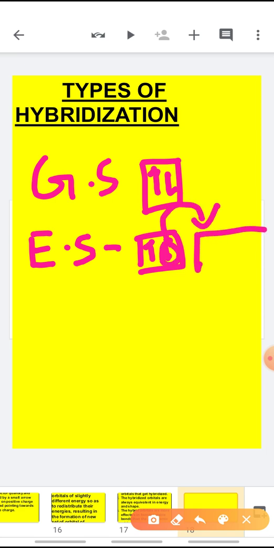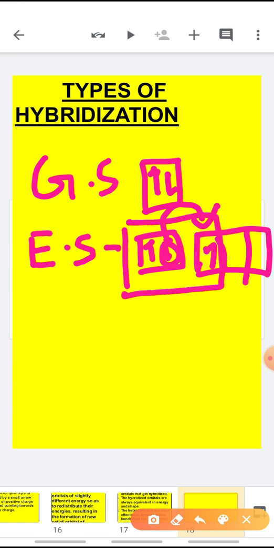Now which one is the higher orbital? It is the 2p orbital. This electron has jumped here. This electron jumping is possible only when the two orbitals undergo hybridization. So this s orbital and one p orbital are involved in the process of hybridization. So this type of hybridization is called sp hybridization.